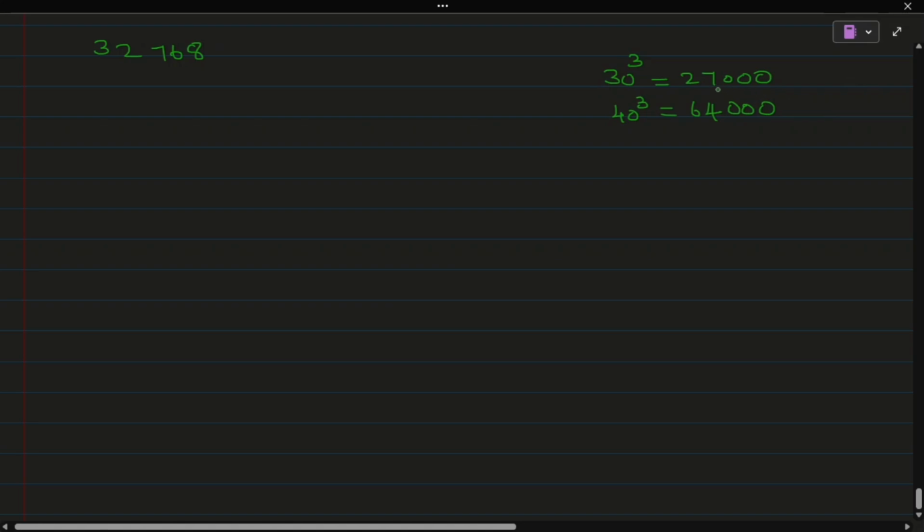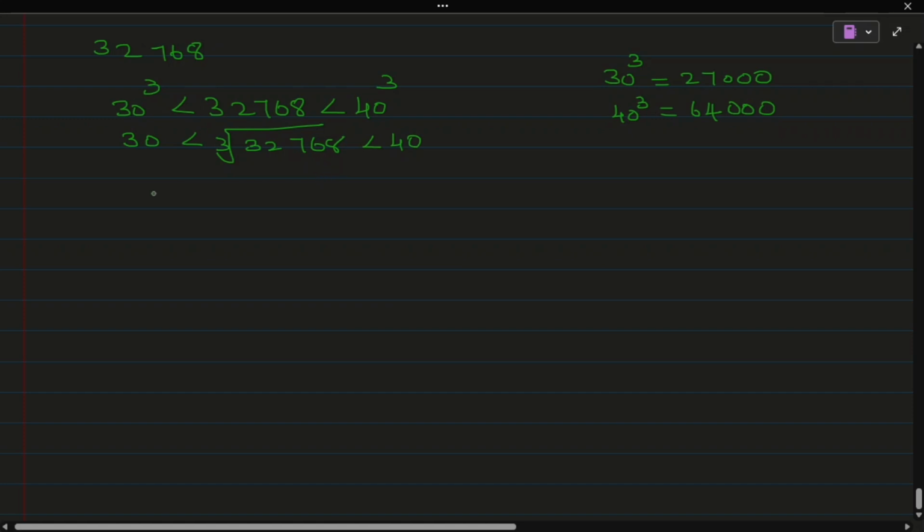So 32,768 is coming between 30 cube and 40 cube. So its cube root will come between 30 and 40.